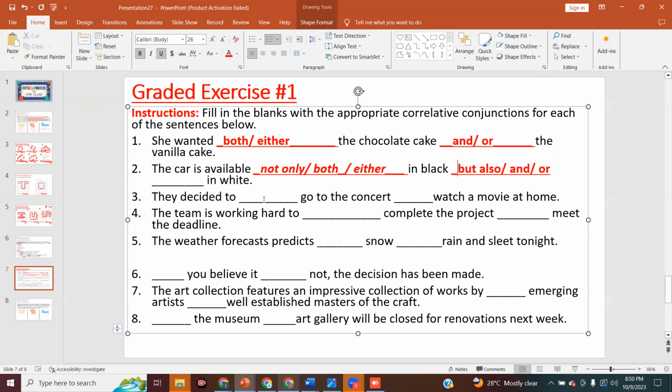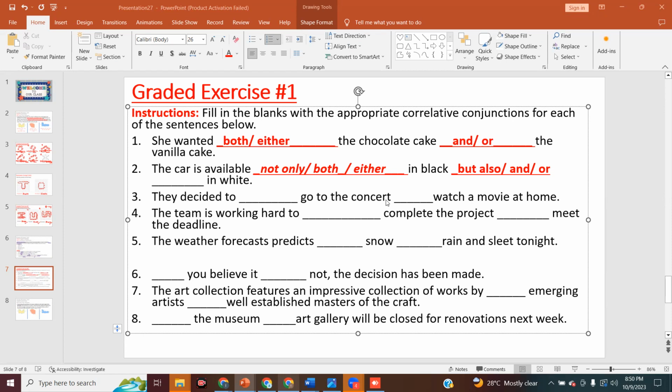All right. They decided blank to go to the concert, blank watch a movie at home.